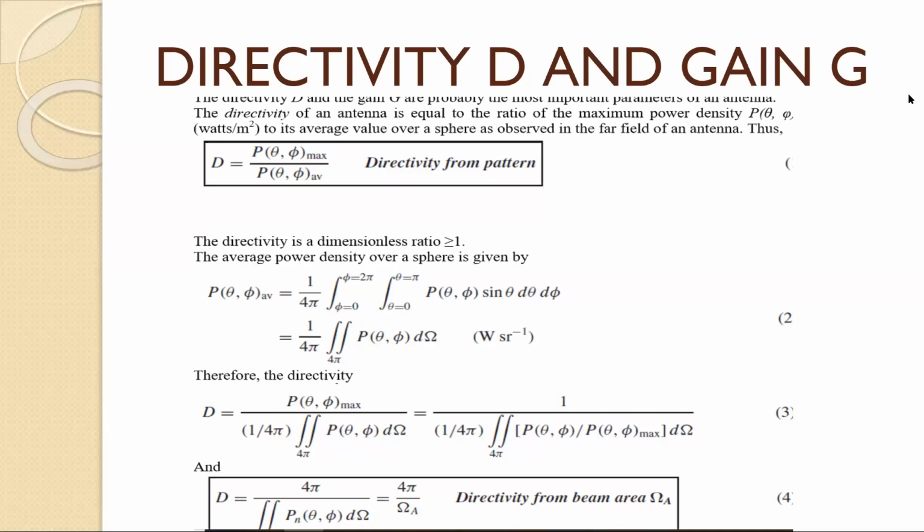So the internal relation between directivity and beam area: D equal to, in our antenna equations we have mother equations. From the mother equation, updated equations are available and there are interrelations. So the relationship between one parameter and another parameter, that facility is also available in antenna parameters especially.